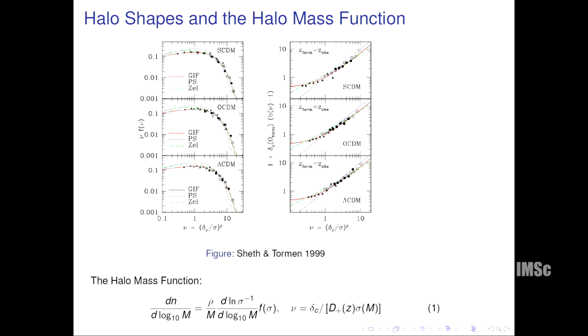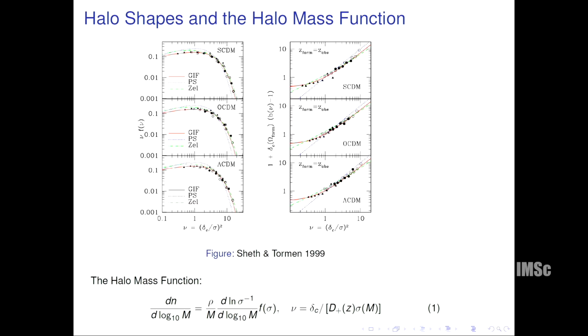We'll not talk about the Zeldovich related result. You see that the simulations agree very well with the ellipsoidal collapse model. Okay, so look at the bias. Again, bias is also affected by whether we consider halos to be spherical or ellipsoidal.